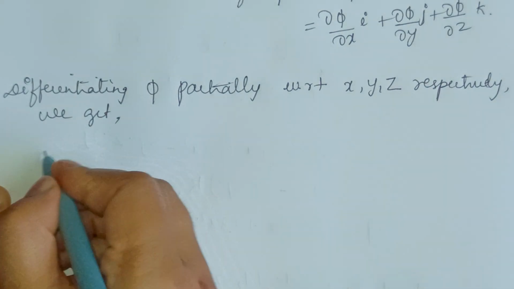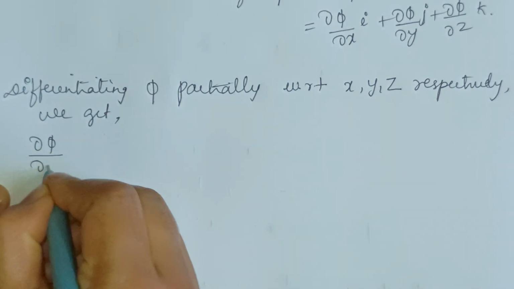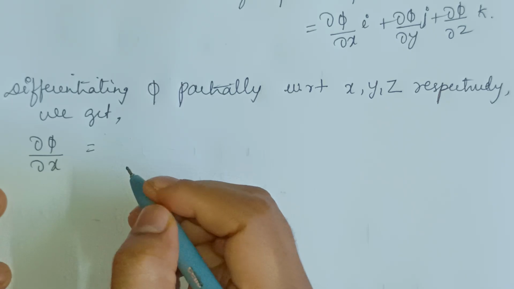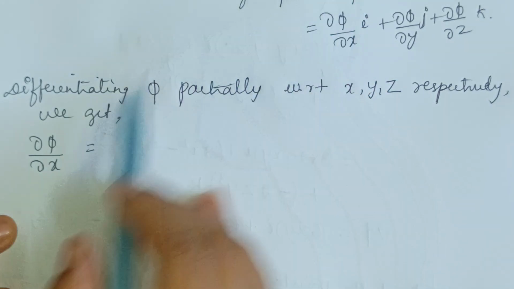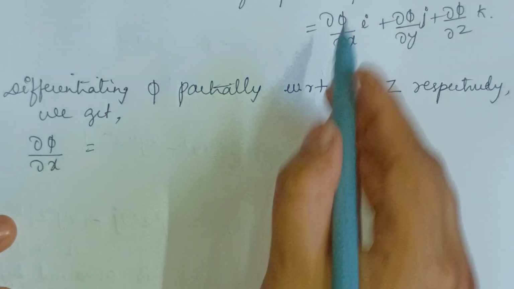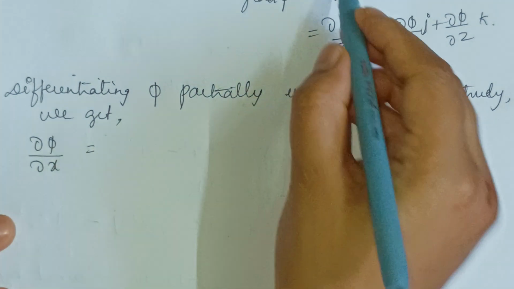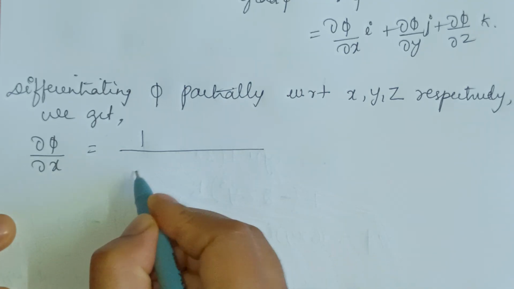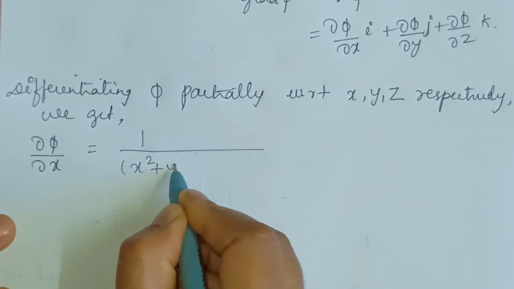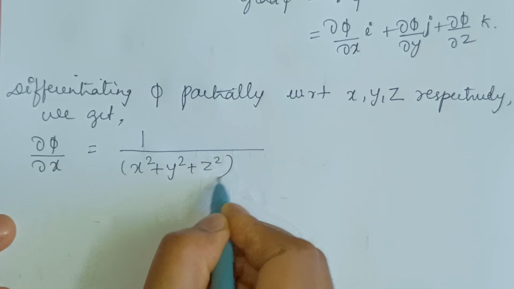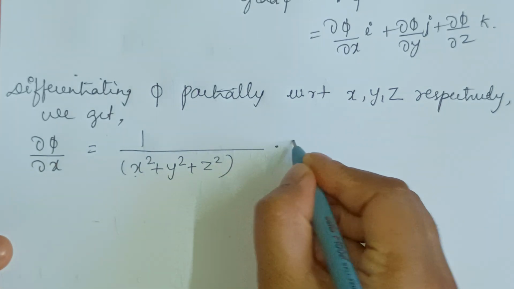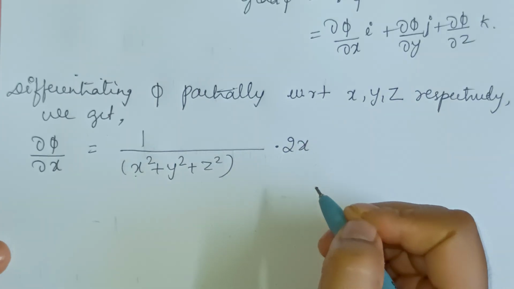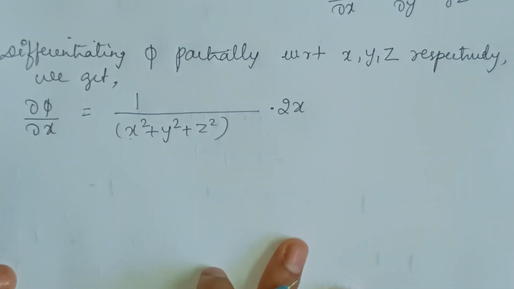let me first differentiate with respect to x. If I'm differentiating log partially with respect to x, this is going to be 1 divided by x square plus y square plus z square, and as it is with respect to x, only differentiation of x square. Done.